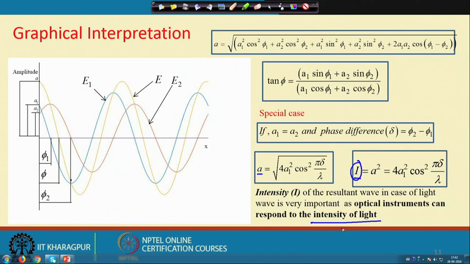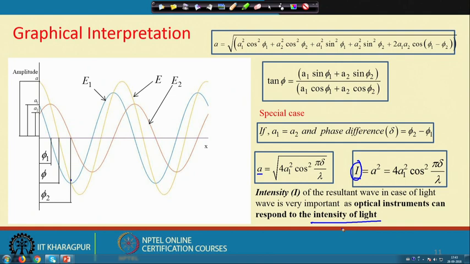So, the intensity of light is a very important quantity here, and this also leads to the effect of the polariscope, where we design a polariscope based on this theory.